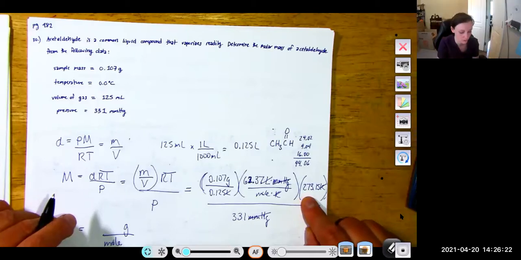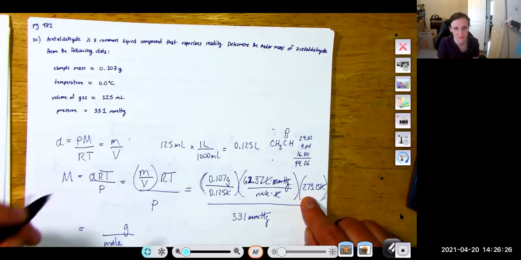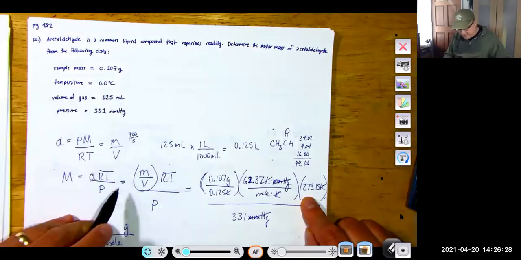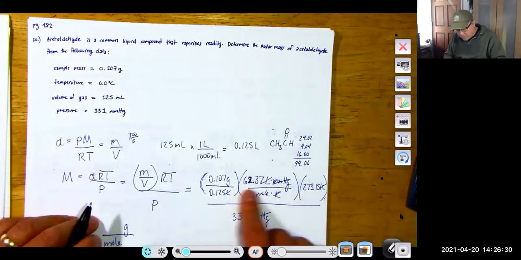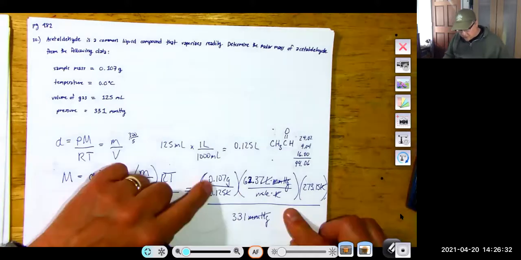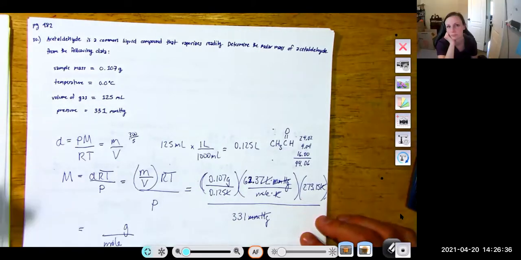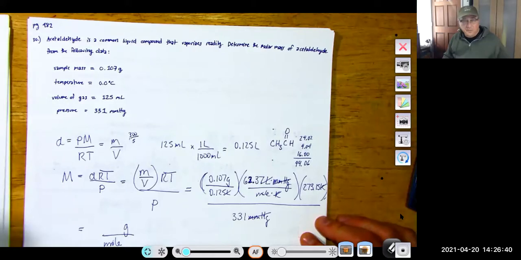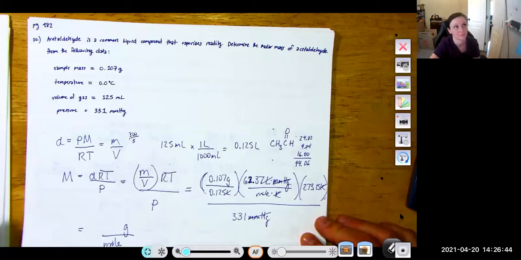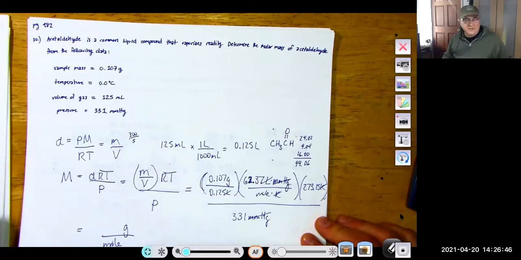Okay, so 60. Now here, 0.107 over 0.125 is really close to 1, agreed? But it's not. It's more like 0.8. So what's 0.8 of 60? 50, right? Yeah, 50-ish. So we're saying 50-ish.